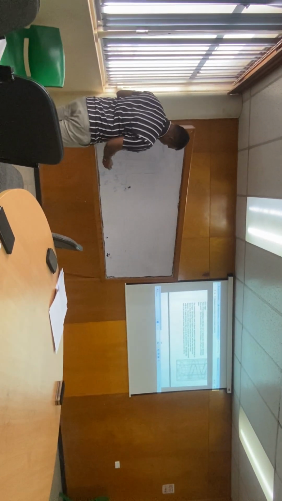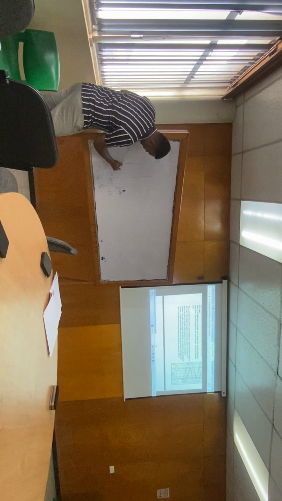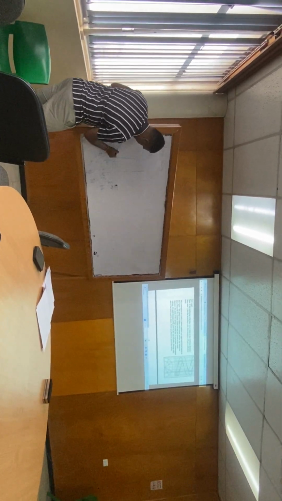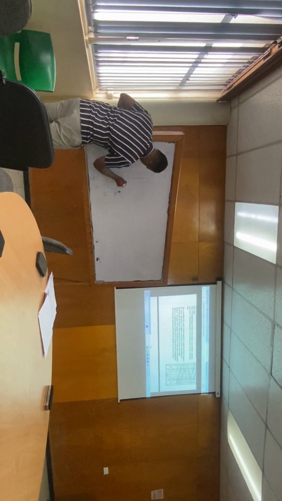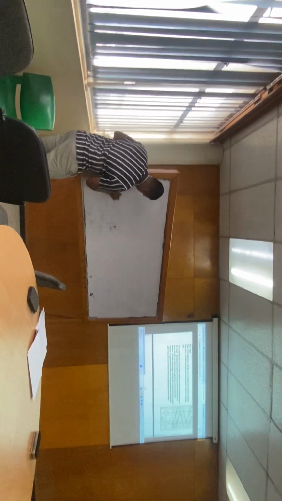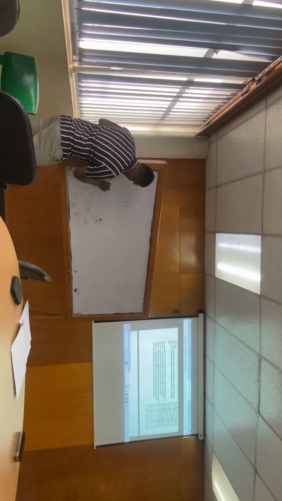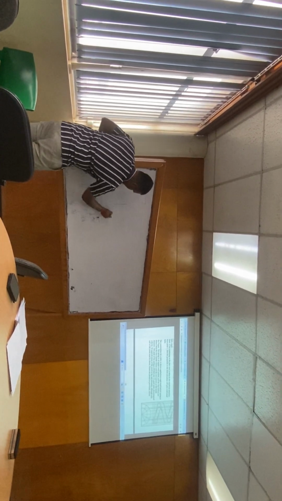Now what we'll do, we'll drag this line across. Take the ruler and make it parallel to the line over there.